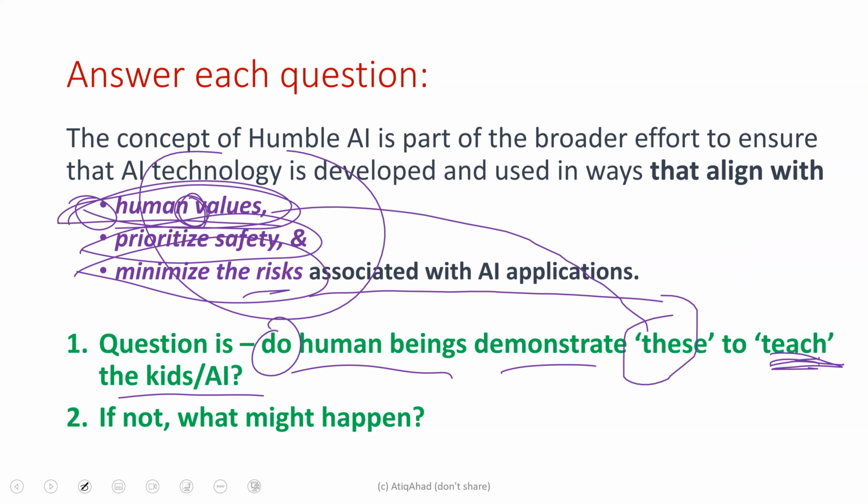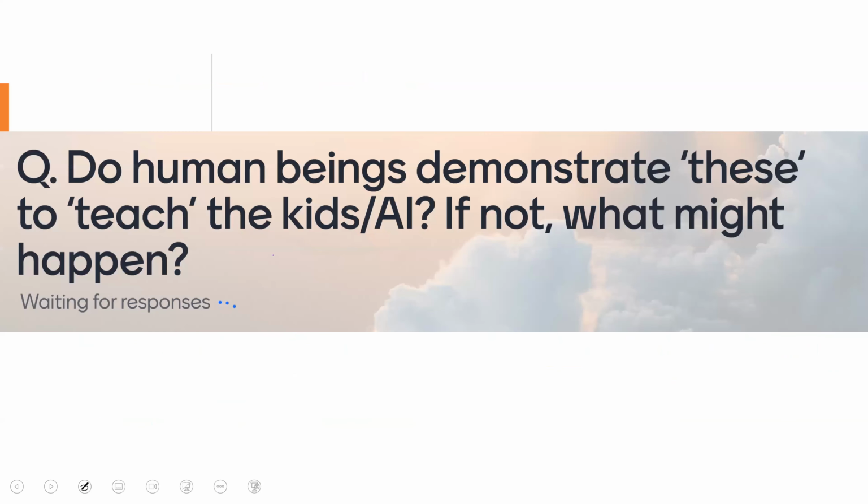If we human beings don't demonstrate this to teach AI, and AI is mimicking human intelligence and follows this lack of values, safety and risk awareness, or, as we see in different sci-fi movies, where the villain uses AI for negative things, and vice versa, then what are the consequences? What will happen? We need to think about those things.